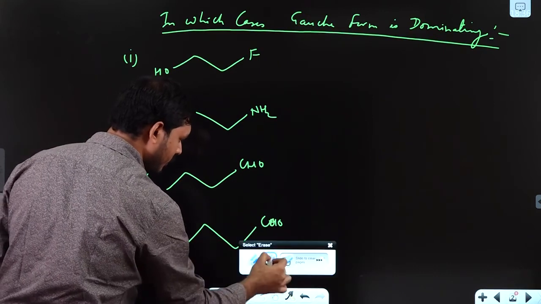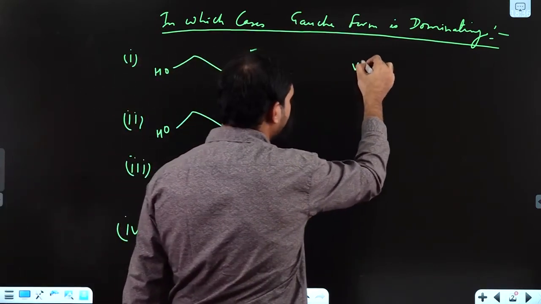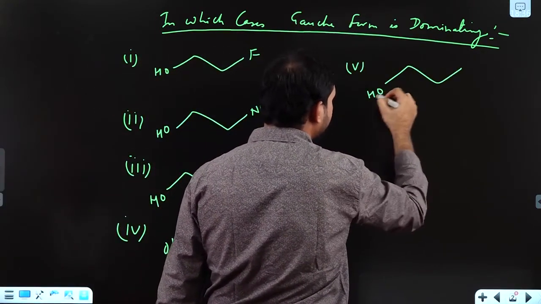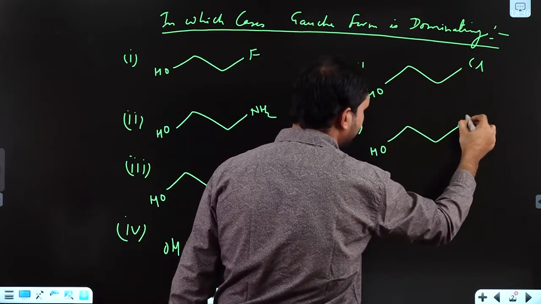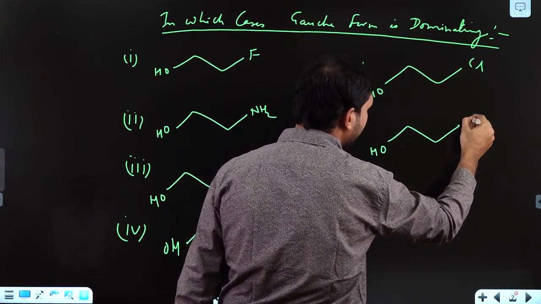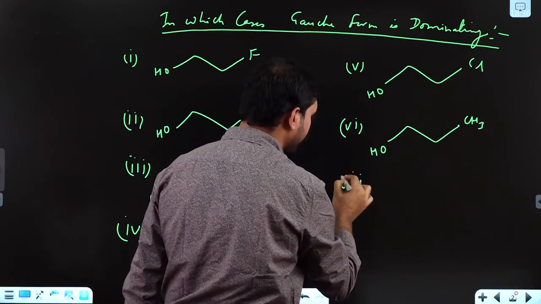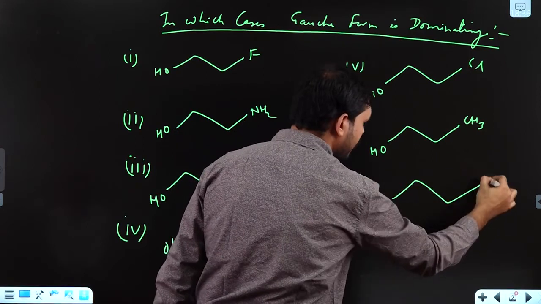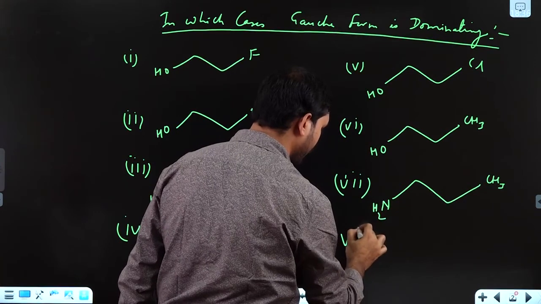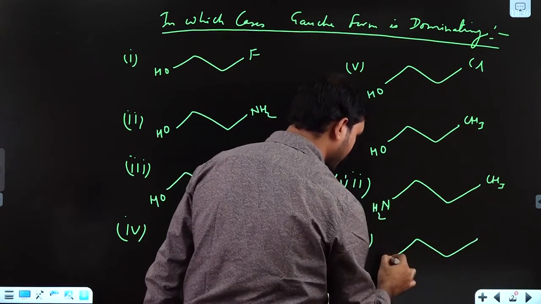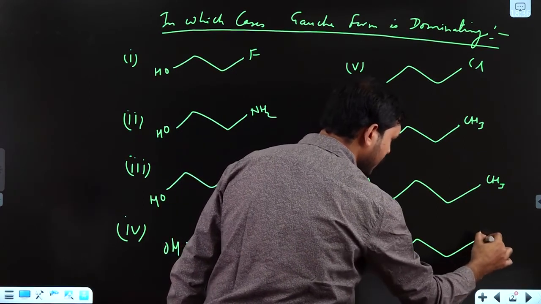Fifth, OH, Cl. Sixth, OH, and here you are having CH3. Seventh, CH3, NH2. Eighth, NH3 plus, and this is your methyl.